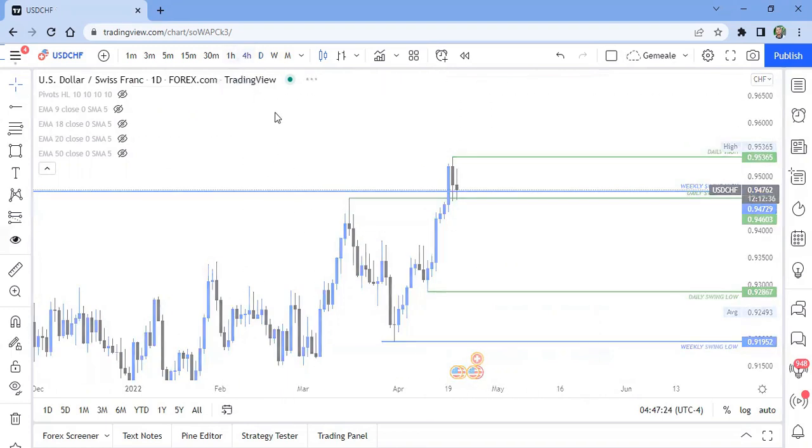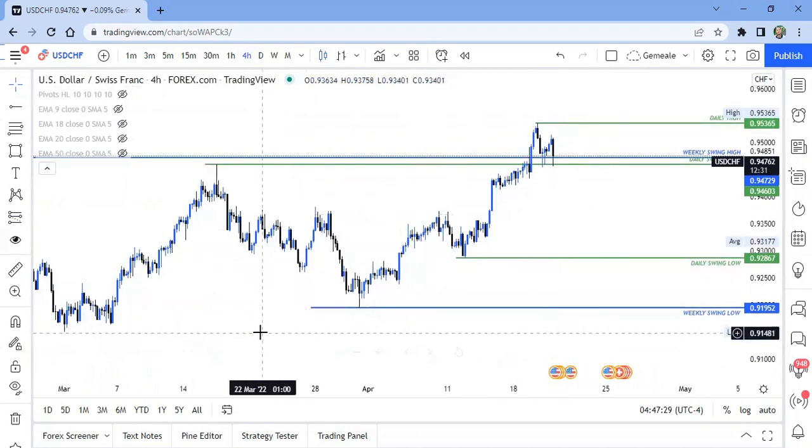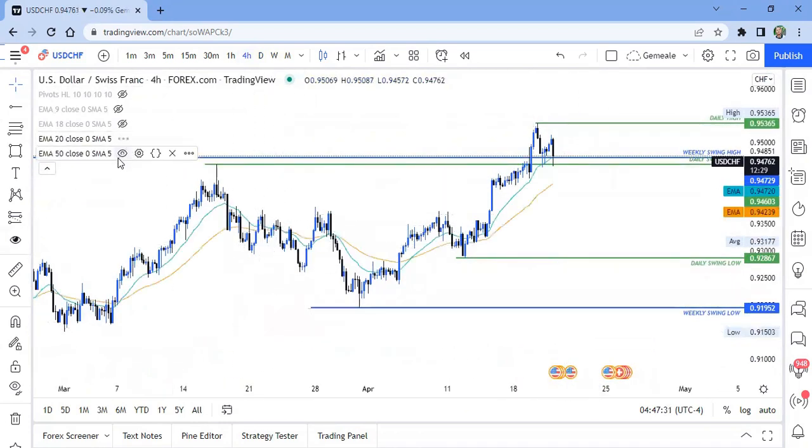Okay, guys, so now that we have those levels there, let's actually crack into it and see what we can figure out. Let's go down to the 4-hour time frame. Okay, so here on the 4-hour time frame, guys, we want to use the 20 and the 50. Okay, so this indicates we have a strong uptrend on the 4-hour. How do I know this is a strong uptrend? We had the 50 EMA supporting the price here and the 20 EMA supporting the price there.